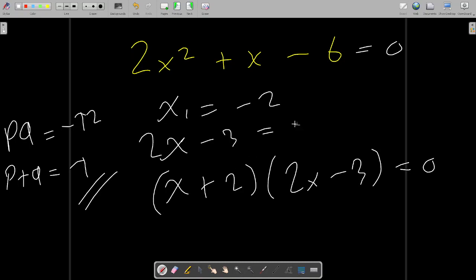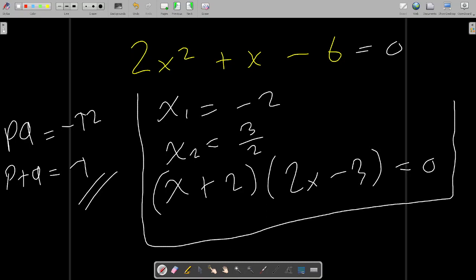We have to add 3 to both sides first, making 2x equals 3, and then divide both sides by 2, leaving x equals 3 over 2. So the second root is 3 over 2. So this is basically the answer to this trinomial right here.